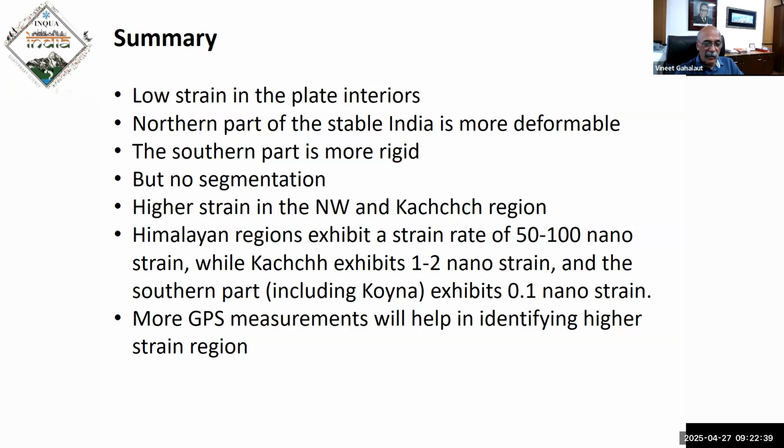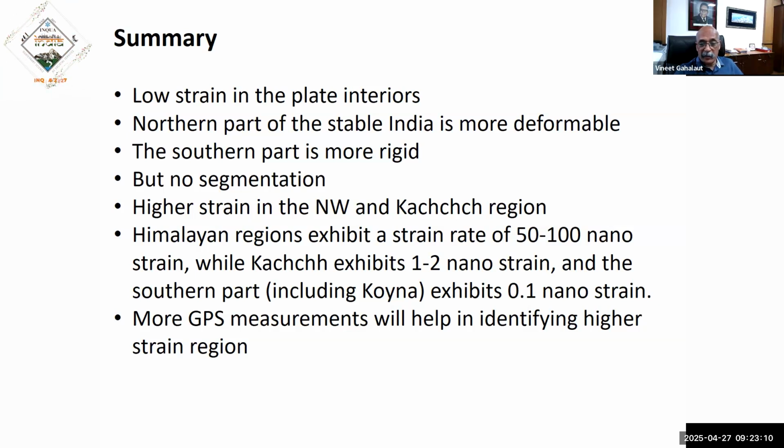Just because we don't have a good network across Godavari, or fortunately now we have across Godavari, or across the Narmada zone, it doesn't mean that the strain rate is low there. The strain rate could be comparable to what we see in Kachchh, not as high as Kachchh, but to quantify that, we need more and more GPS measurements.